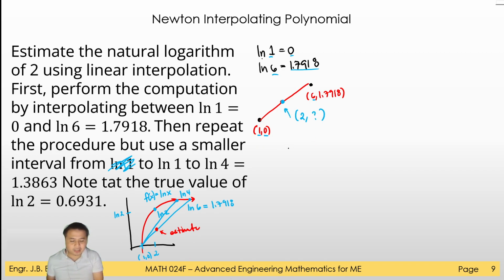How do we do this? We have a general formula, or you can just memorize rise over run.